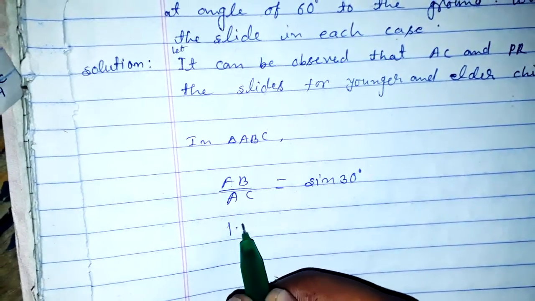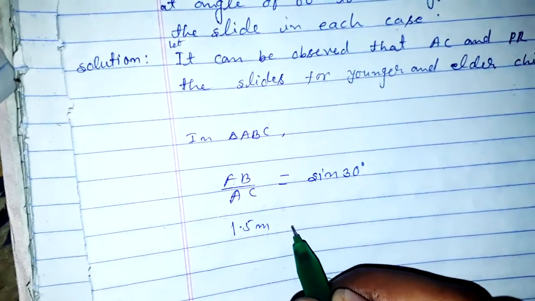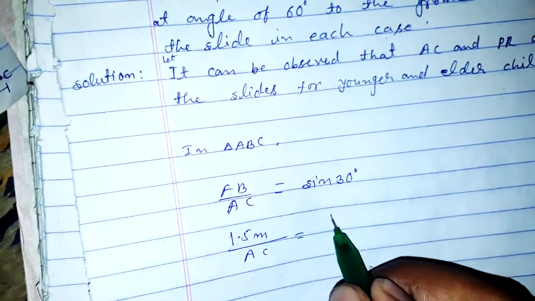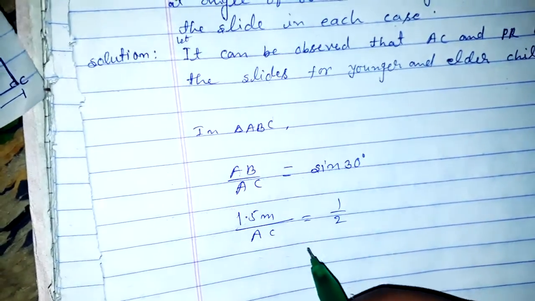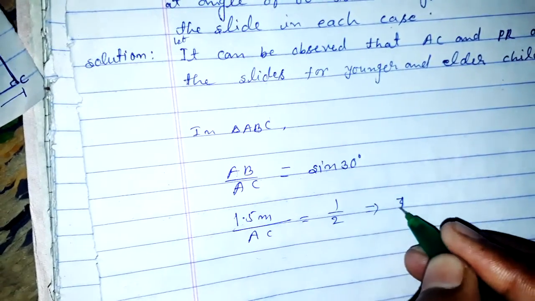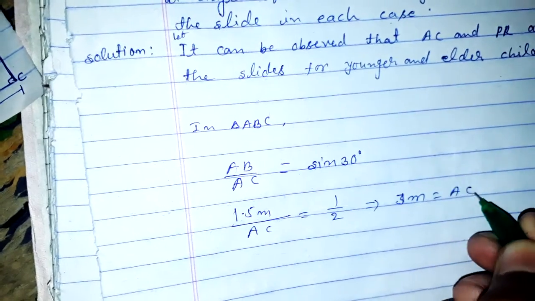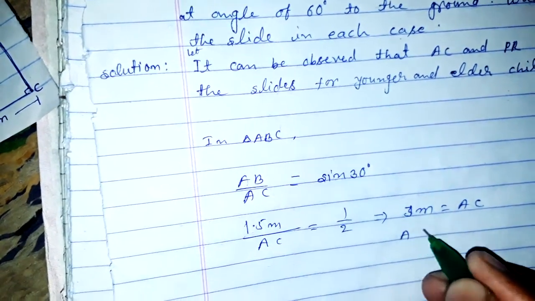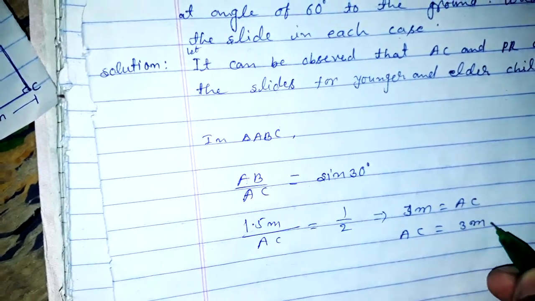AB is 1.5 meter upon AC is equal to sine 30, which is 1 upon 2. So take the cross multiply here. So 3 meter is equal to AC. So AC is equal to 3 meter.